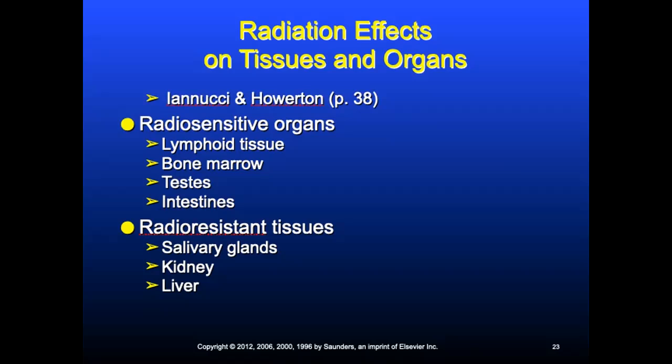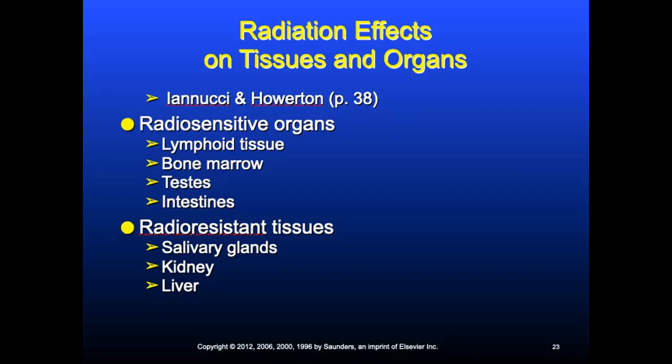There are newer units of radiation measurement, and the coulomb per kilogram is a unit of electrical charge. This measures the number of ion pairs in 1 kilogram of air.